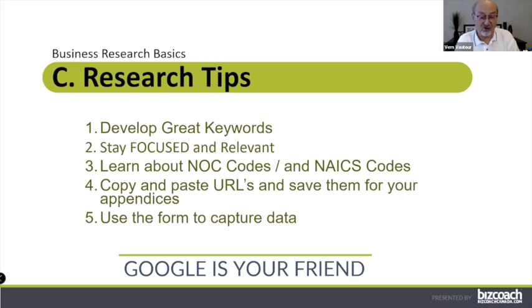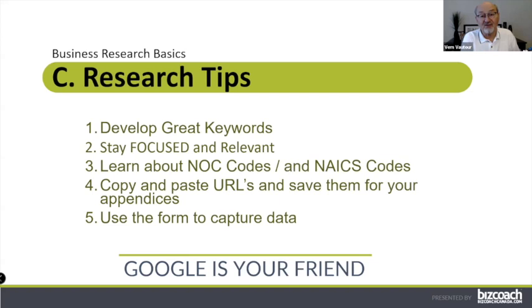Learn about the NAICS codes. Understand the National Occupational codes for job positions, because there's a lot of valuable information there, especially for labor market information. NAICS codes as well, especially for industry. I demonstrated how NAICS codes can come in handy.